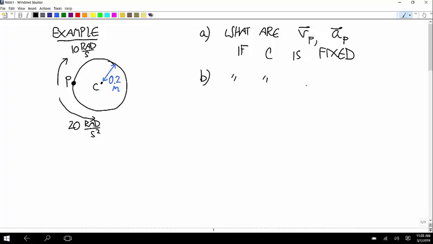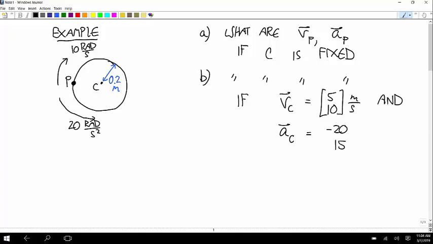And second, what are the velocity of P and acceleration of P if point C is now mounted to some kind of vehicle and the vehicle's driving around. So now we still have these angular motions, but now there's a velocity of C equal to 5, 10 meters per second, and an acceleration of C equal to negative 20, 15 meters per second squared.